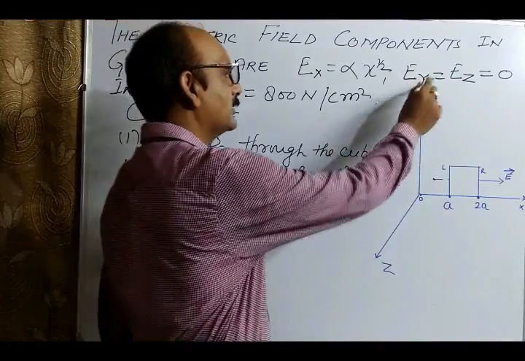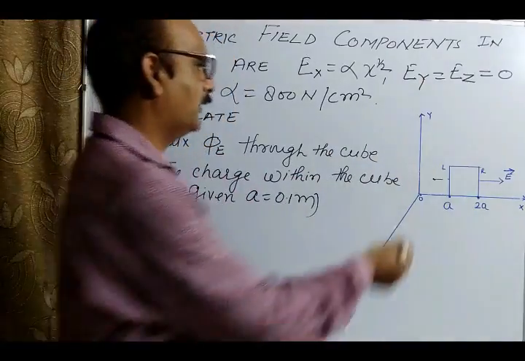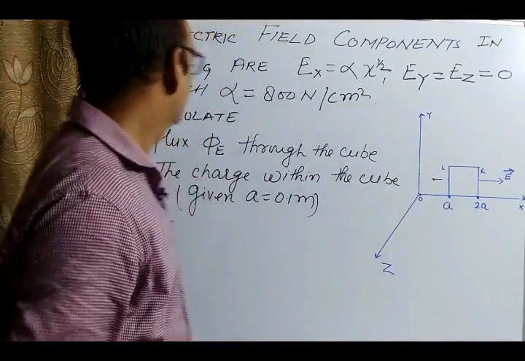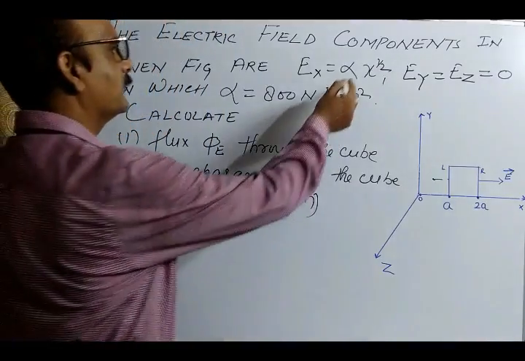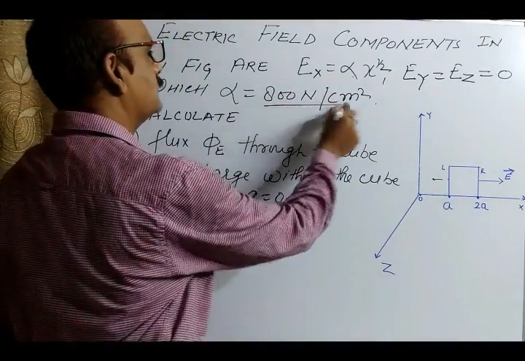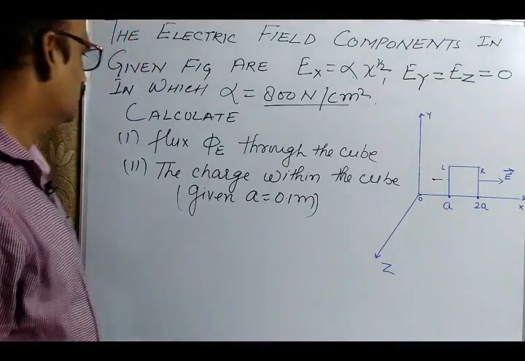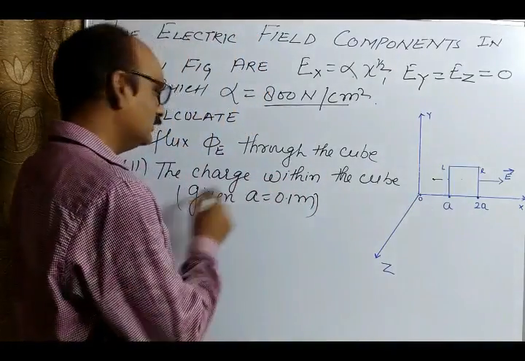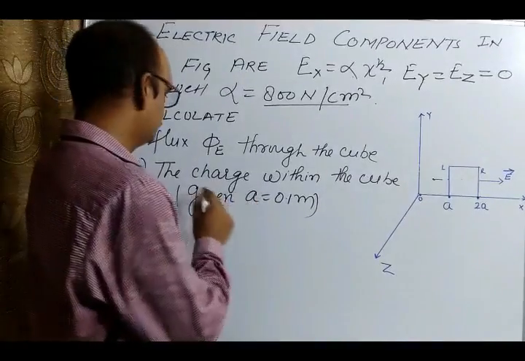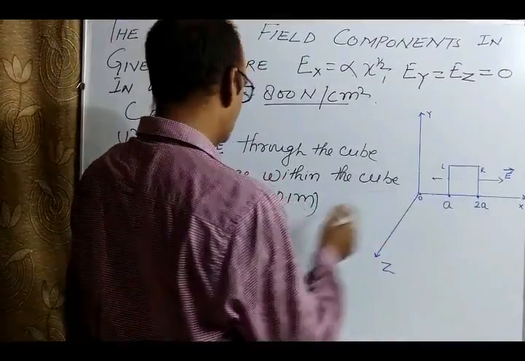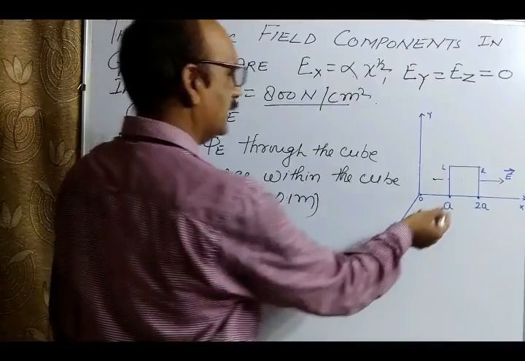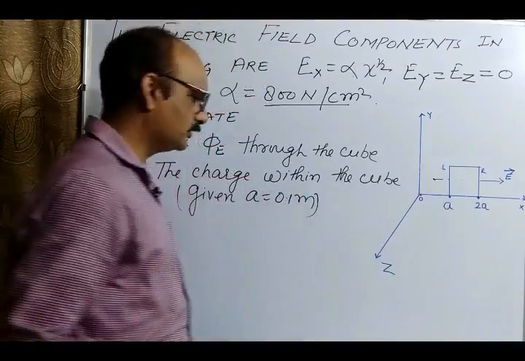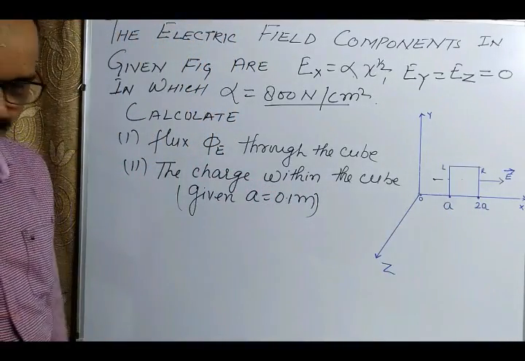There is no electric field along y-axis and z-axis. And here alpha is constant and its value is given this much. We have to calculate the value of phi E here and charge inside this cube, where this is A and A equal to 0.1 meter.